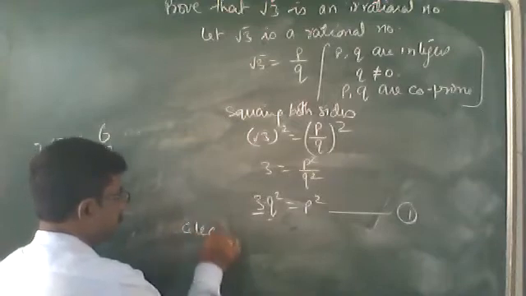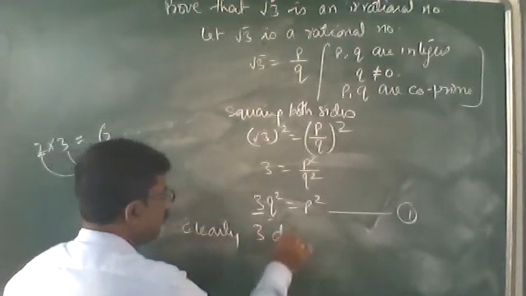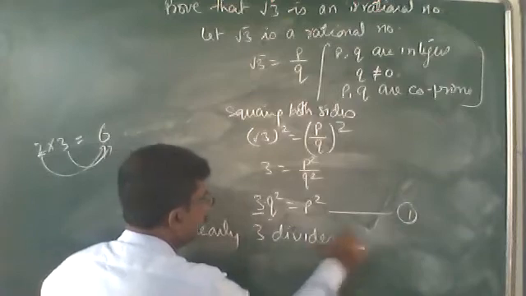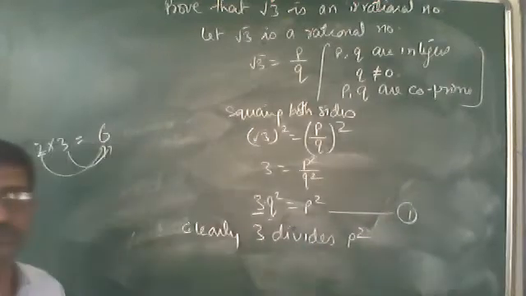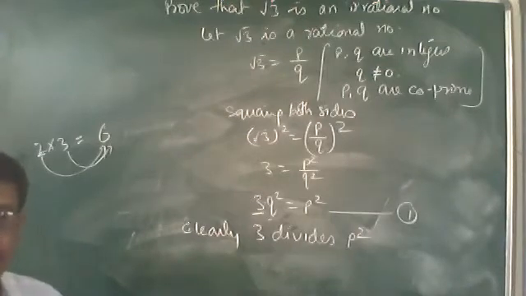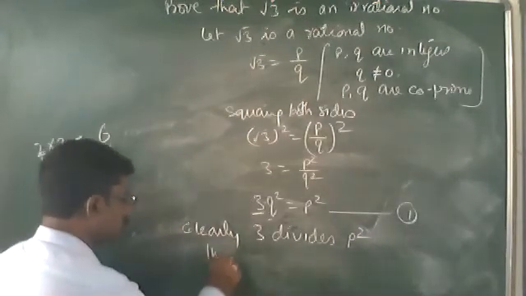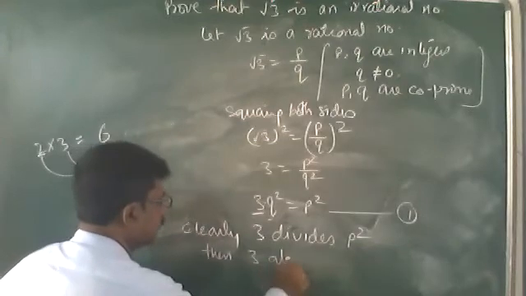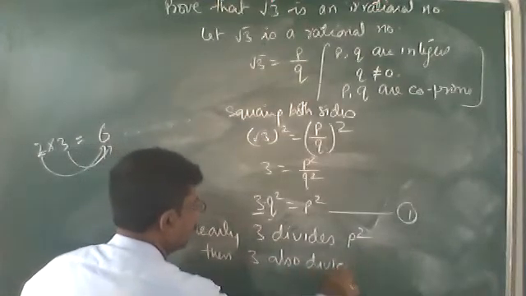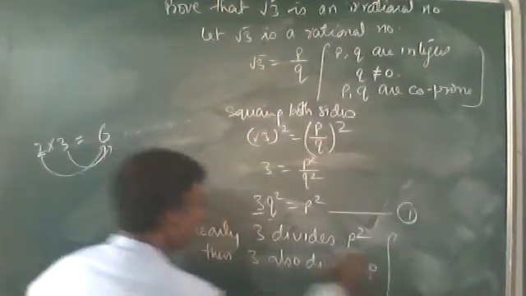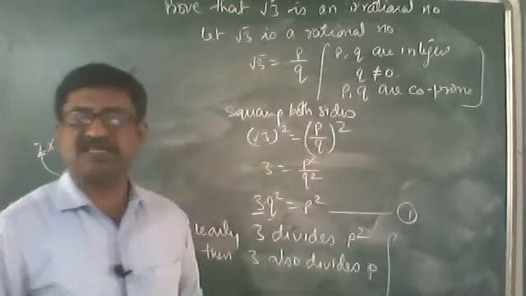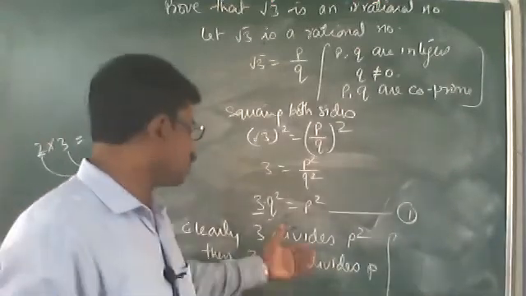Clearly, 3 divides p square. The rule says if 3 is dividing p square, then 3 also divides p. Just now we have written one theorem before starting this question.